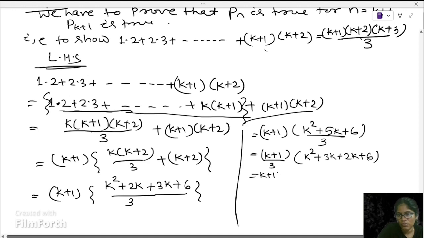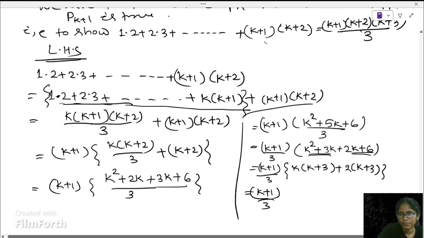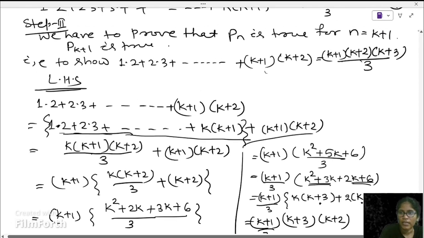We have k plus 1 by 3 into, from these two, taking k as common, k into k plus 3, plus here taking 2 as common, 2 into k plus 3. Which equals k plus 1 by 3 into k plus 3, taking k plus 3 common from both, here left k plus 2, which is our right hand side.